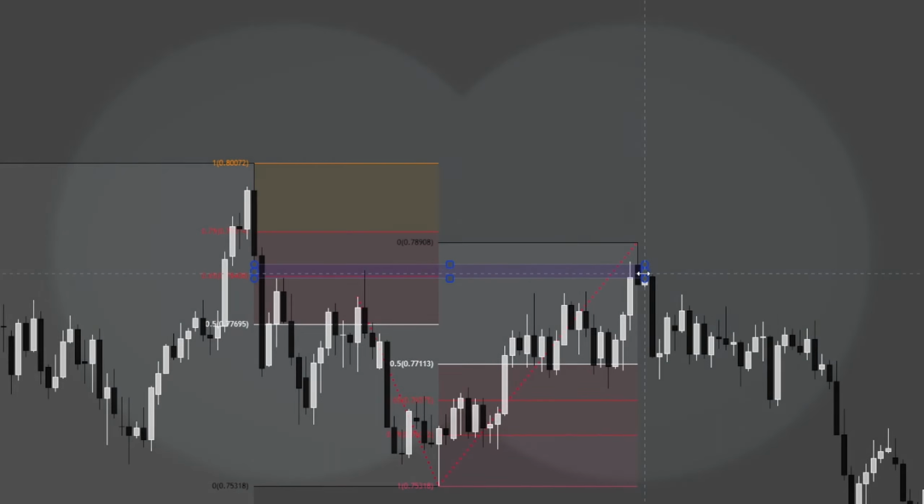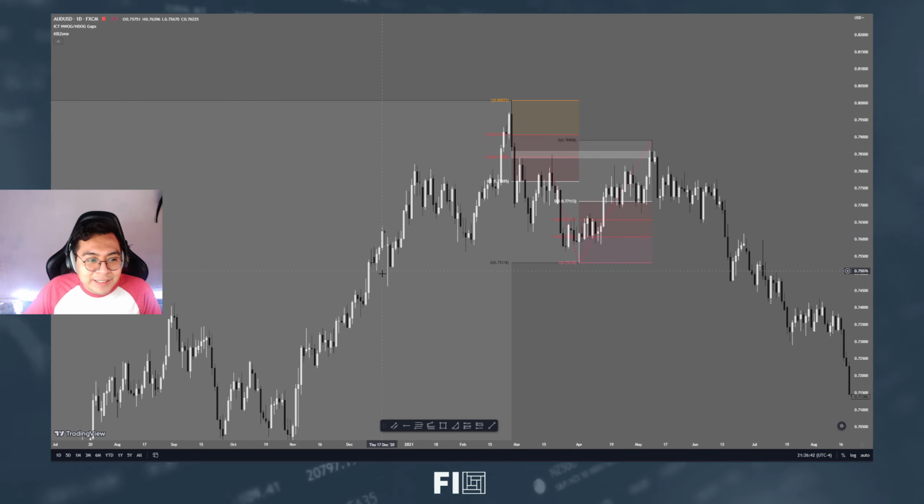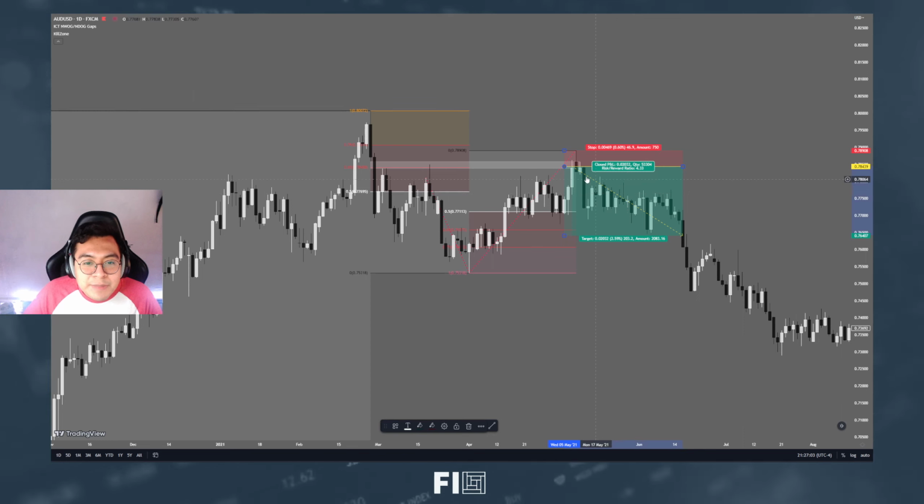So price reacts off this fair value gap in a structure that is a premium of a premium zone inside another higher time frame premium zone. So it'd be best to see something here in the hourly range or something that can get you into this entry. But that's not what I want to talk about right now.